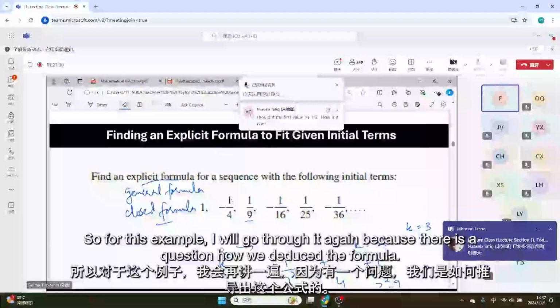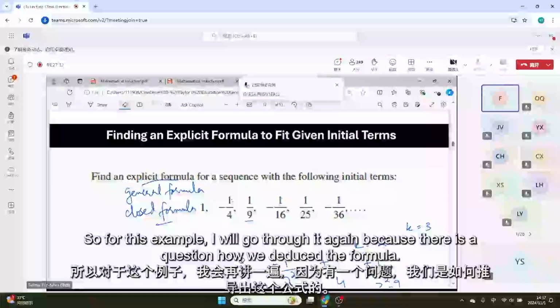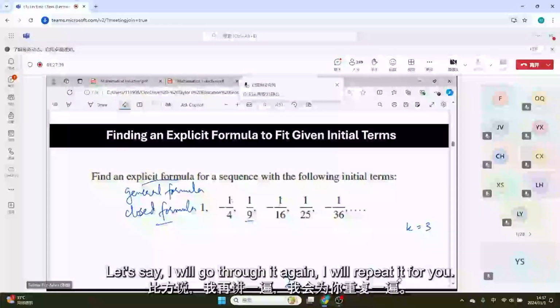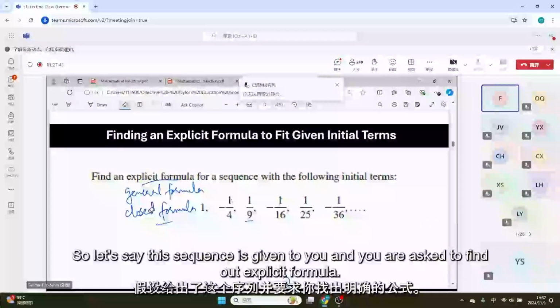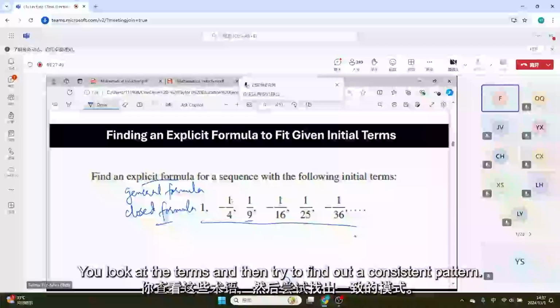Okay, for this example, I'll go through it again, because there is a question about how we deduced the formula. Let's say this sequence is given to you, and you're asked to find the explicit formula. You look at the terms and try to find a consistent pattern.